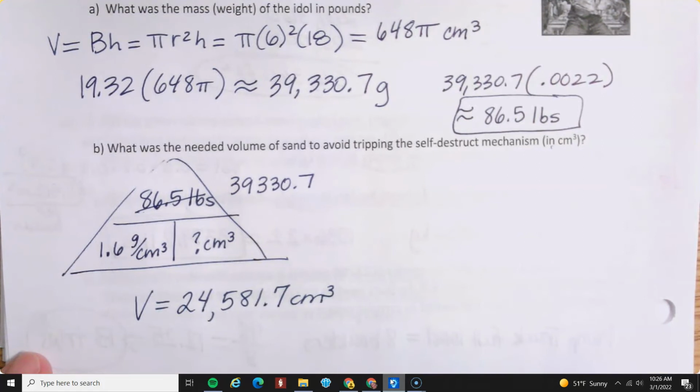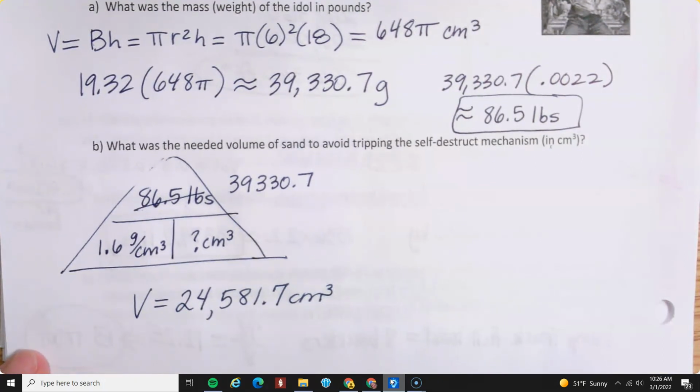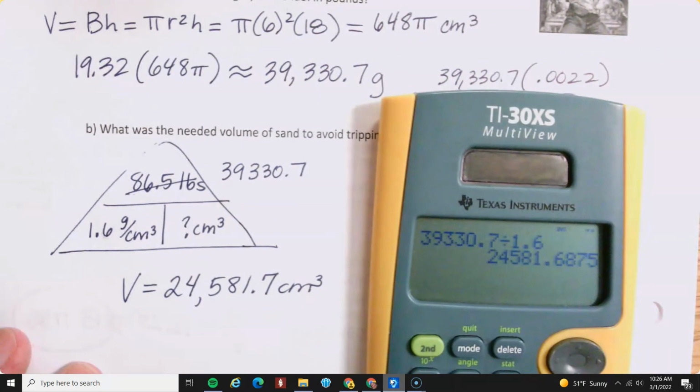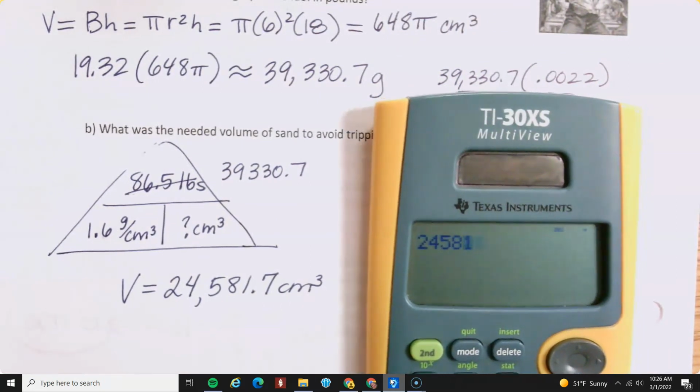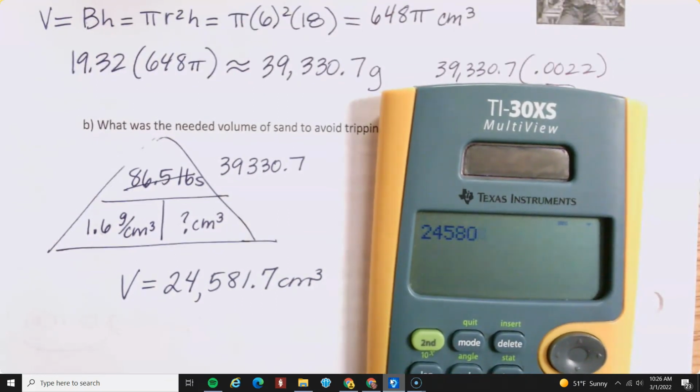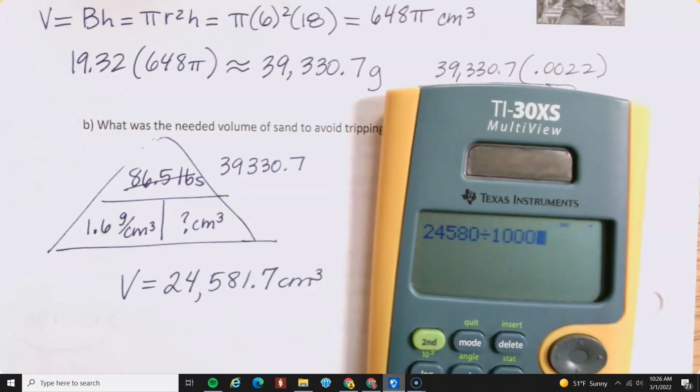Okay? 24581.7. That's a pretty big amount of sand. All right? Let's think about what that means. 24581. Let's just do 2458. Let's divide that by 1,000.